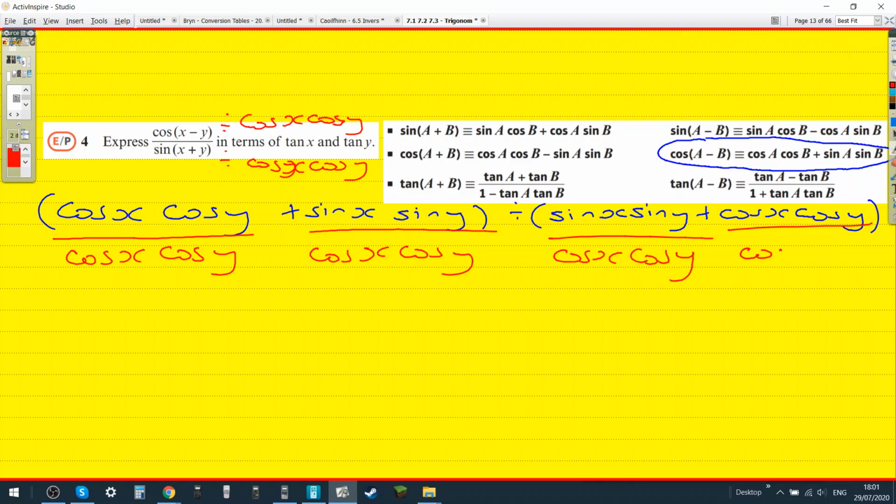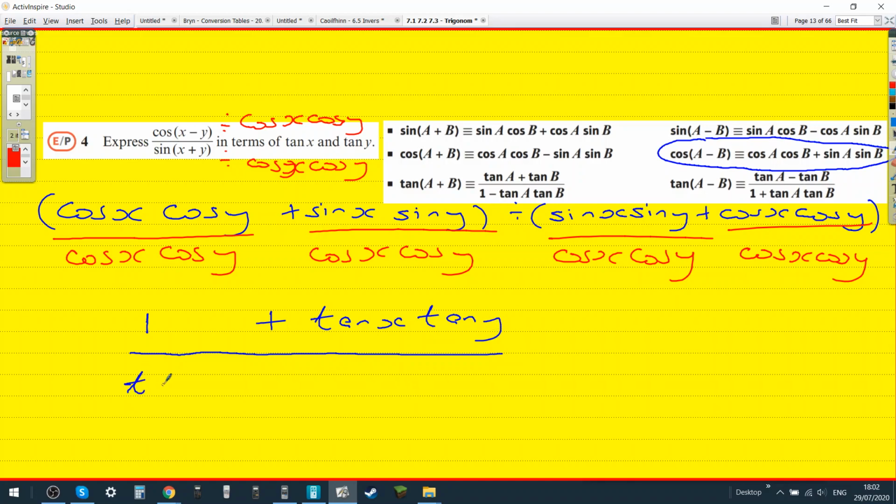Wait, does that make sense? If you divide this, what do you get for this first one? 1 plus tan x tan y over tan x tan y plus 1.